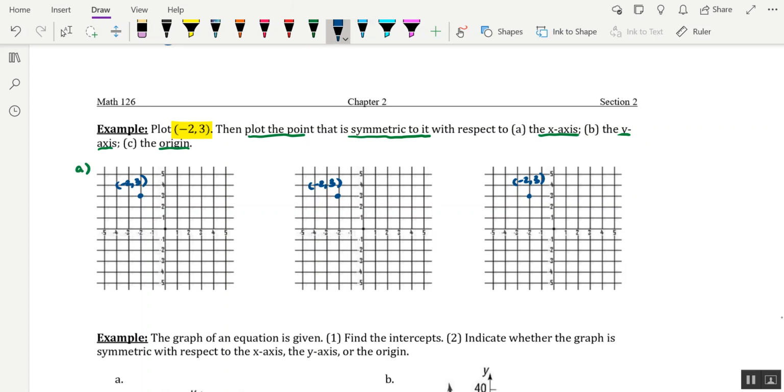So for this, you want to keep in mind that if a graph has symmetry with respect to the x-axis, this axis here, there's going to be a corresponding point across from the one that we plotted.